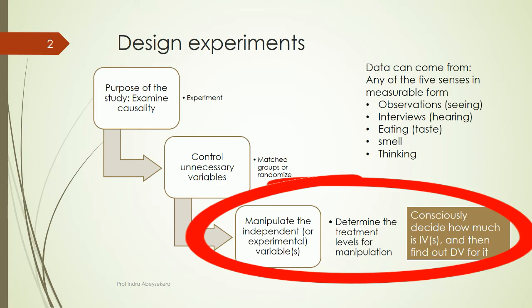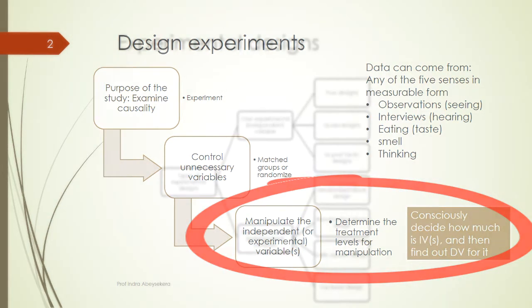So what we do here is that we consciously decide how much of the independent variable we are going to influence on the dependent variable to examine the causality by controlling unnecessary variables.